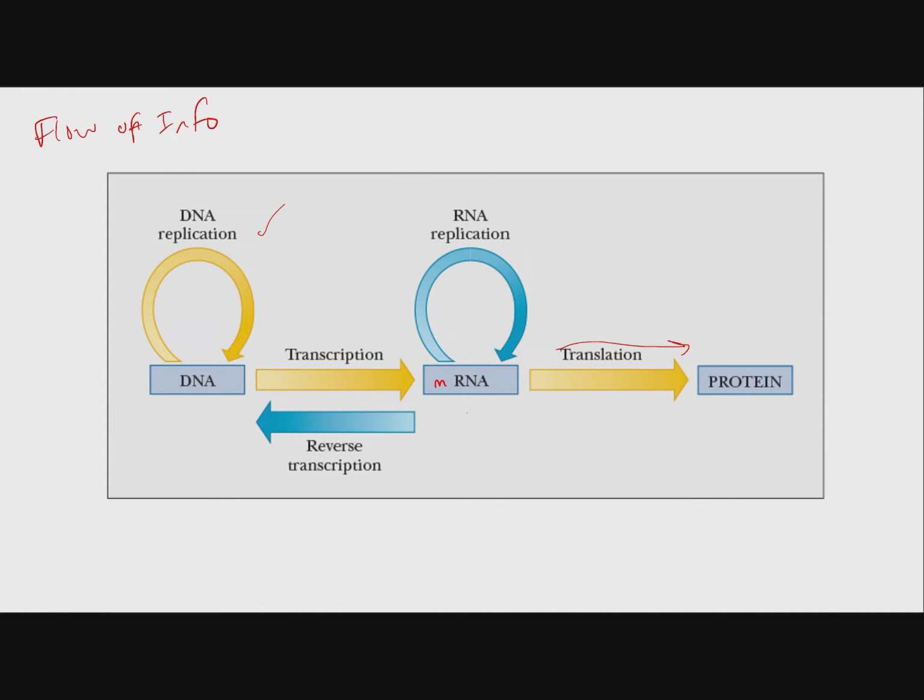This reaction of taking the RNA and making DNA out of it is called reverse transcription, and it's catalyzed by an enzyme called reverse transcriptase. And then those retroviruses take that DNA that they just made from their RNA, and they use that to make proteins.